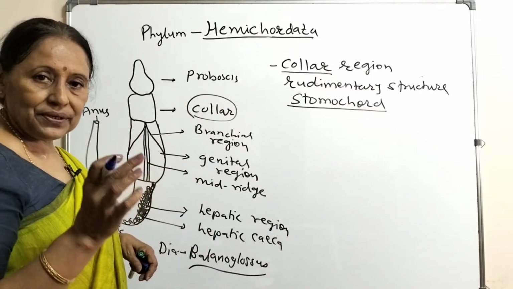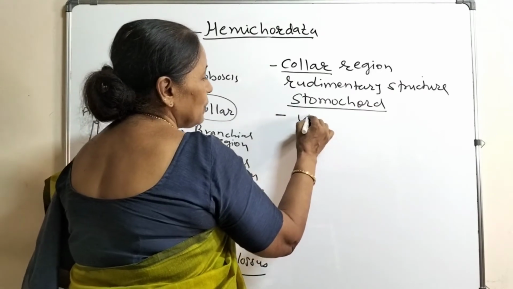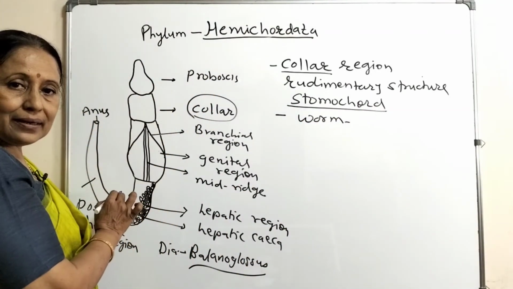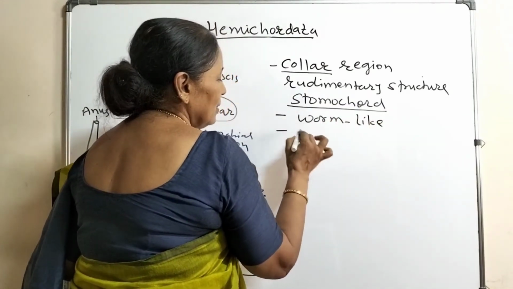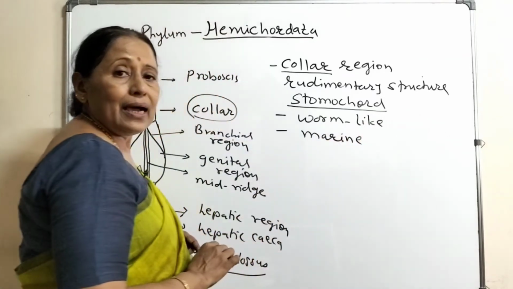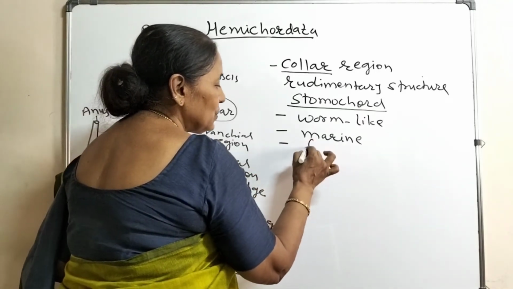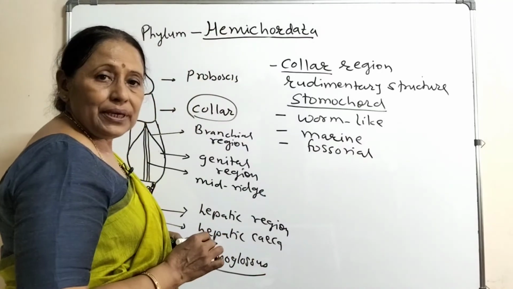What are the other features of hemichordates? Their body is worm-like. See here, the body is like a worm. They are exclusively marine in habitat, and they are fossorial. What do we mean by fossorial?